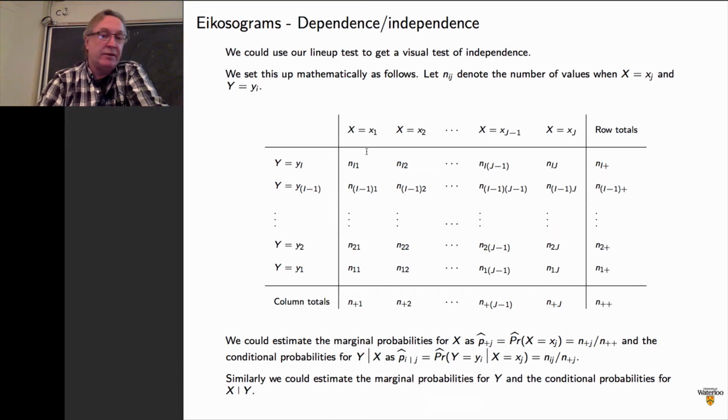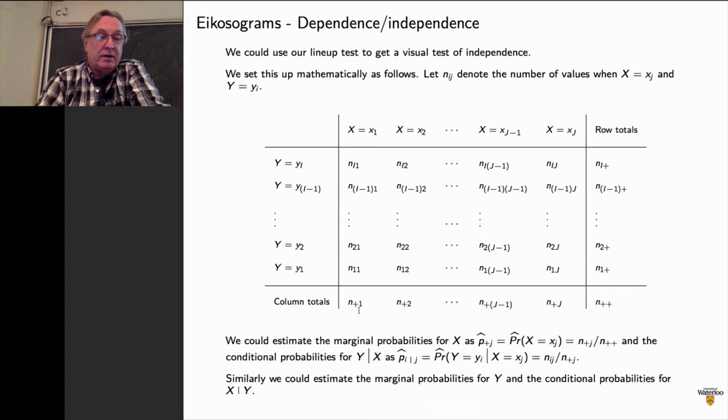So I might estimate the probability that x equals x1 to be the total number of occurrences where x is equal to x1 divided by the total number of occurrences overall. So these divided by the grand total are going to be estimates of the marginal probability, right? Similarly, these row totals divided by the total are going to be estimates of the marginal probabilities of y taking the various values.